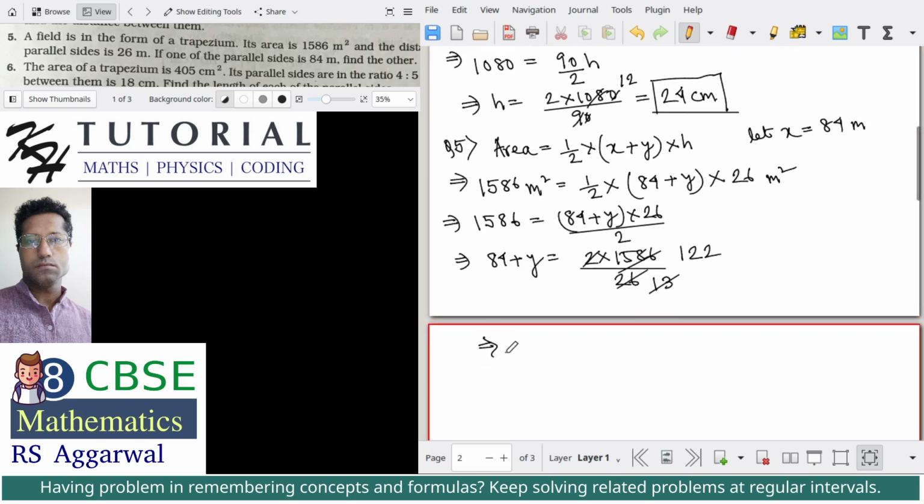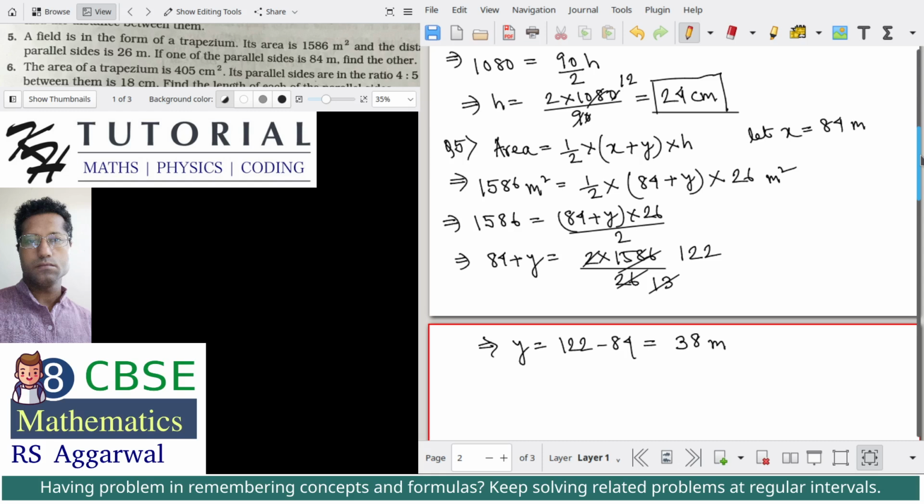So this implies y is 122 minus 84, which is equal to 38 meter. So basically the other parallel side is 38 meter, which is smaller. So our assumption was wrong. As per our discussion in the theoretical videos, I always denote the smaller parallel side as x and the larger parallel side as y.